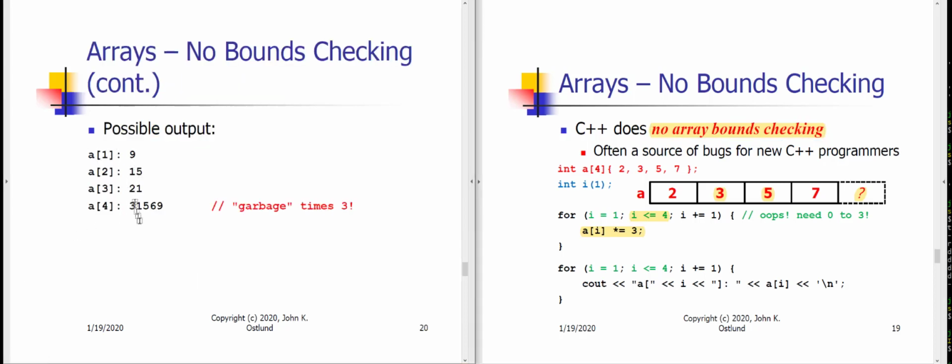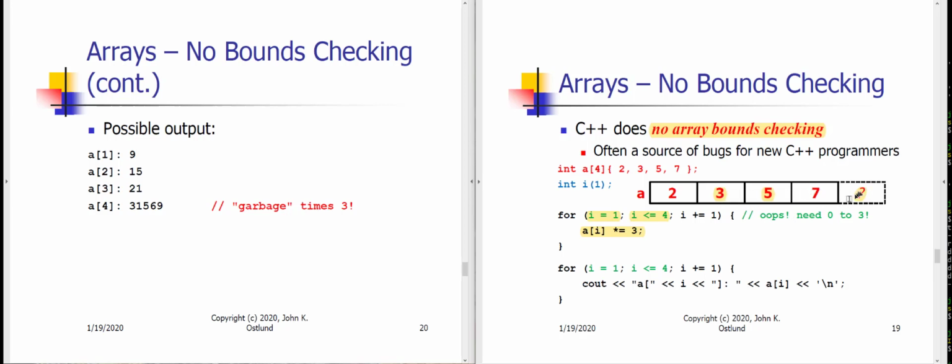Okay, so here is a possible output from this code that we've written here. A is an array of 4 elements, specifically each of type int, initialized with 2, 3, 5, 7. This loop is mistakenly going through subscripts from 1 to 4 rather than from 0 to 3.